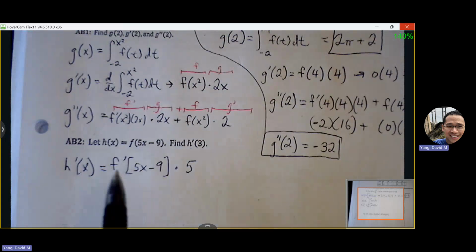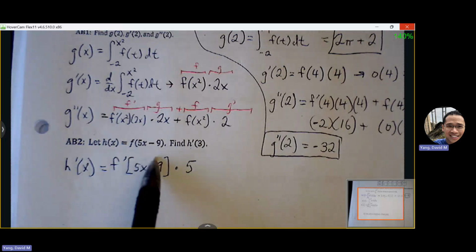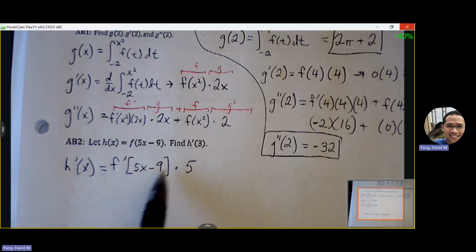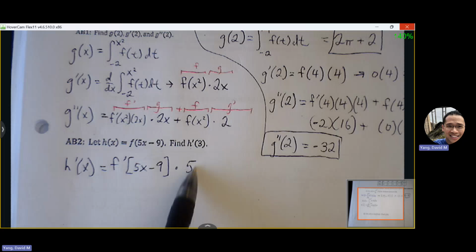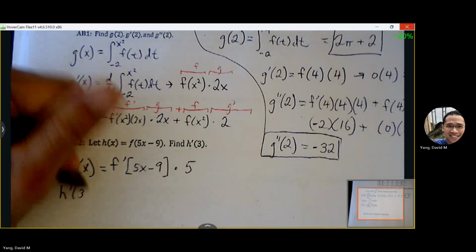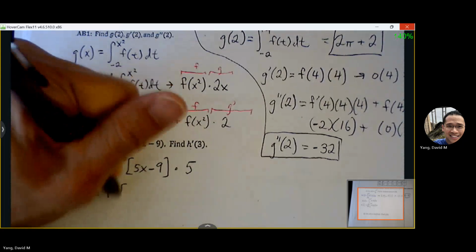Make sure when you go through chain rule that when you take the outside's derivative, you're not changing the inside, you're copying the inside down as part of your outside derivative. And once that's done, then you can move into a separate space and find the derivative of the inside portion. Okay.